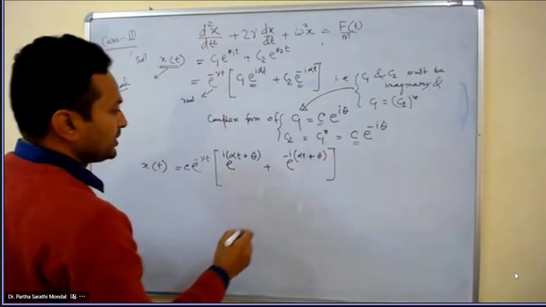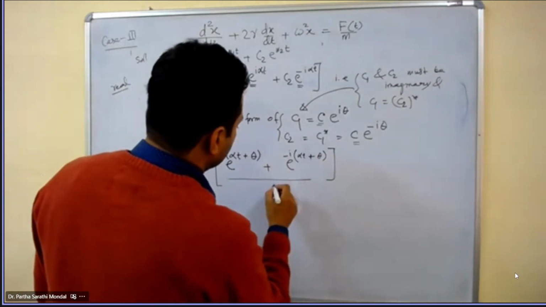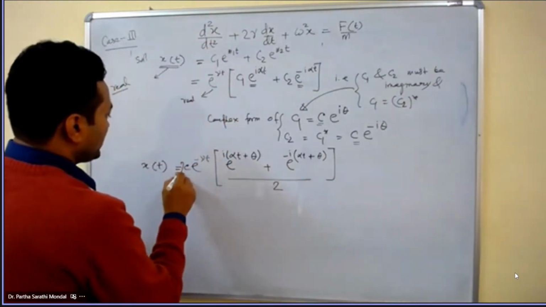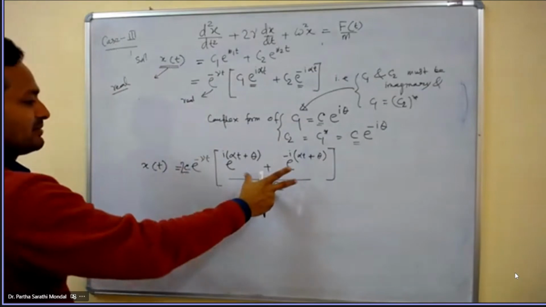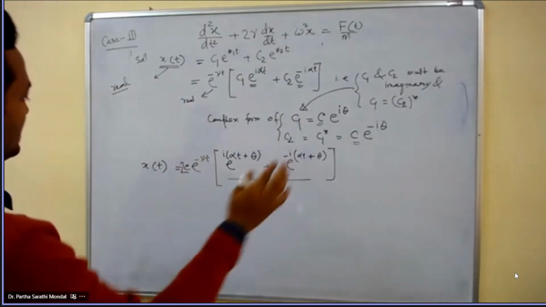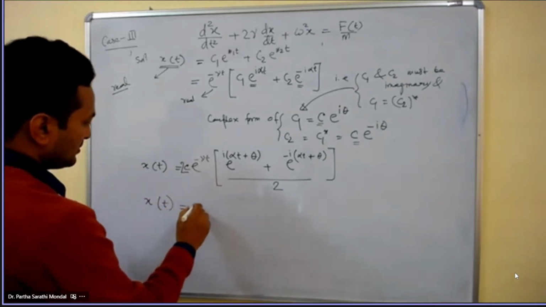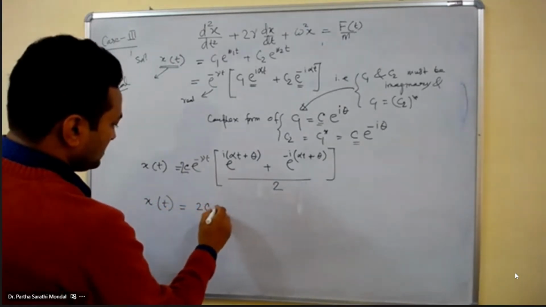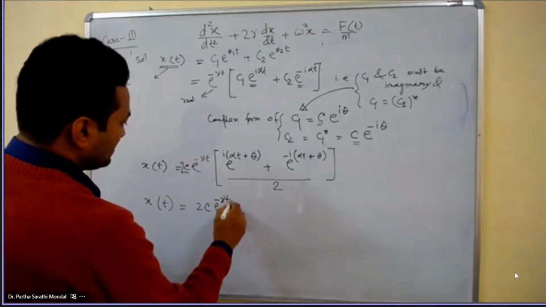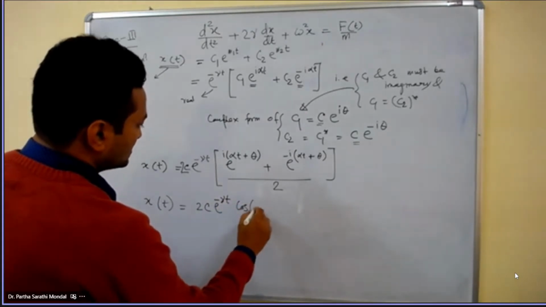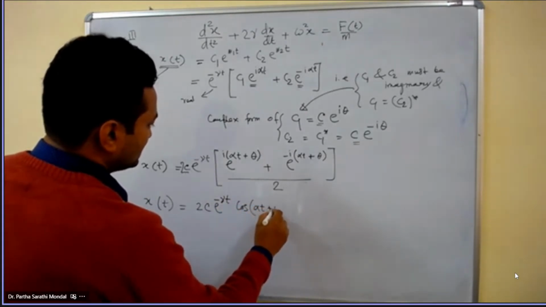In the previous thing we did the same. If we divide by 2 and multiply by 2, then this term is nothing but cos(alpha t plus theta). So x(t) equals 2r e to the power minus gamma t cos(alpha t plus theta).